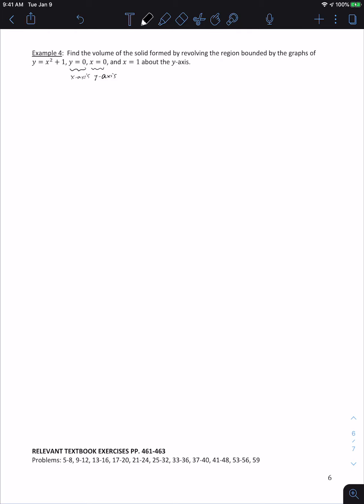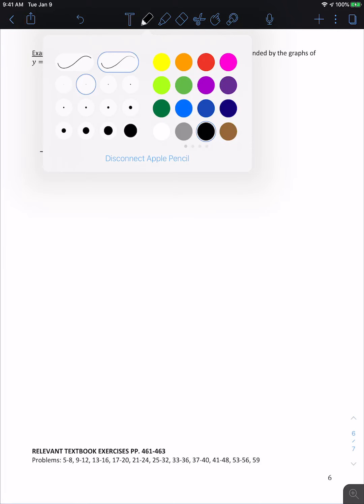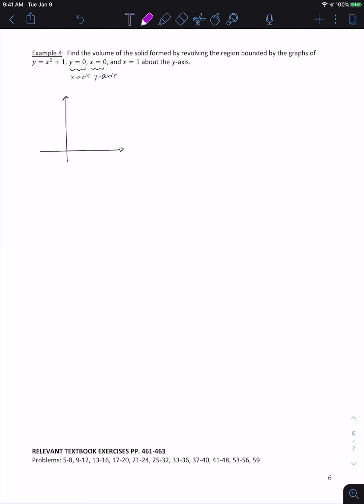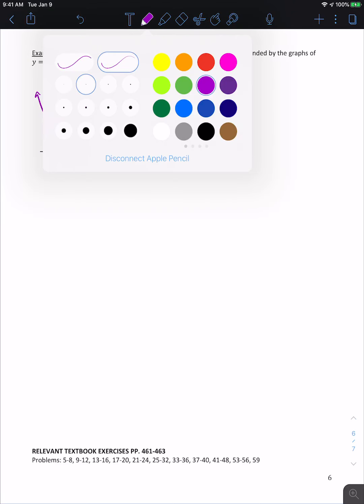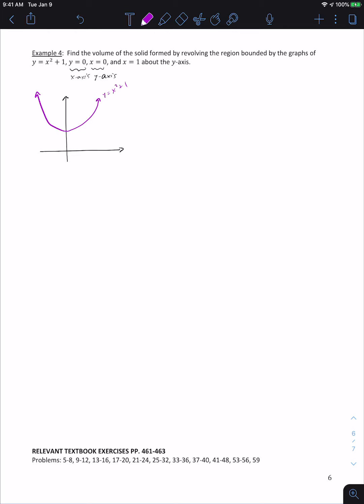Okay, so let's go ahead and graph what this would look like. Let's graph x squared plus 1. X squared plus 1 is a parabola shifted up 1, so it looks something like this. Now we want y equals 0, which is the x-axis, down here, and then x equals 0, which is the y-axis.